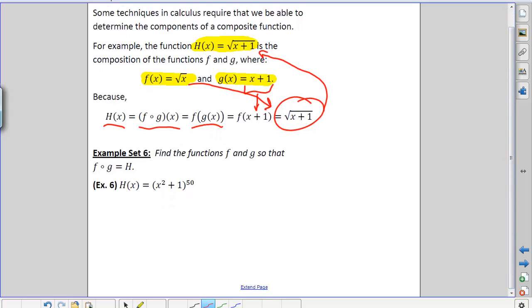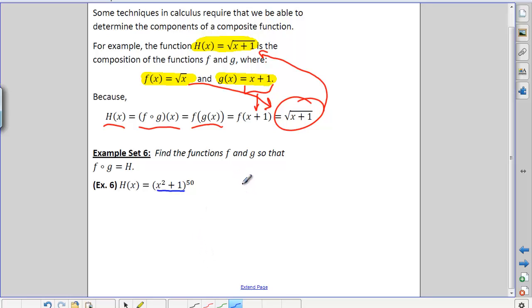What two functions could you put together as a composition to get the function you're given? So here's example 6. h of x is x squared plus 1 to the 50th power, and we want to know what two functions would work to make a composition that would be h of x. A lot of times it's easy to think of this in terms of inside functions and outside functions. You'll notice on the inside we have x squared plus 1.